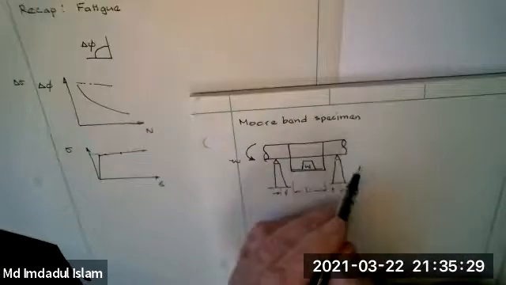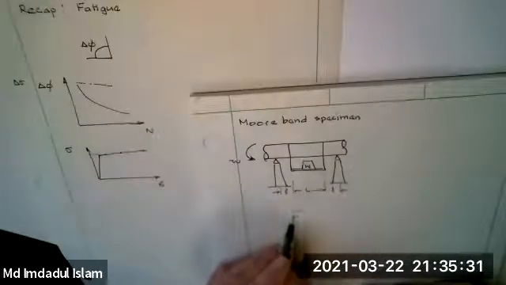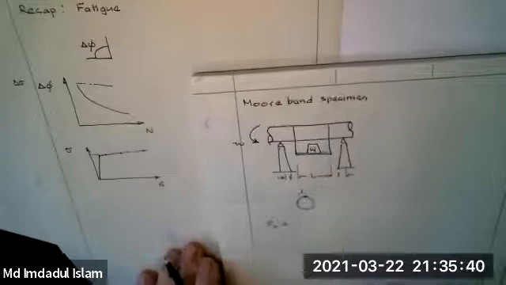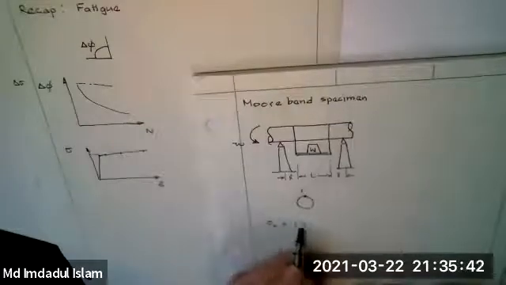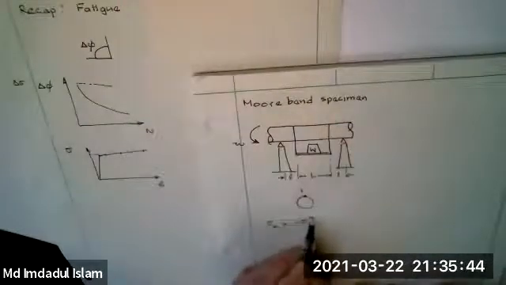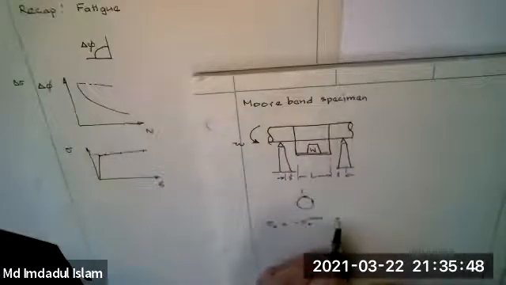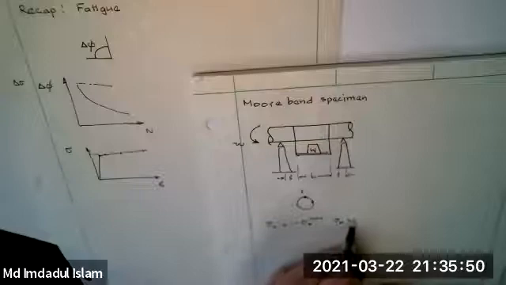Then if you look in on the shaft, at position 1, it could be a minus sigma B max. At 2, that's on a neutral axis.